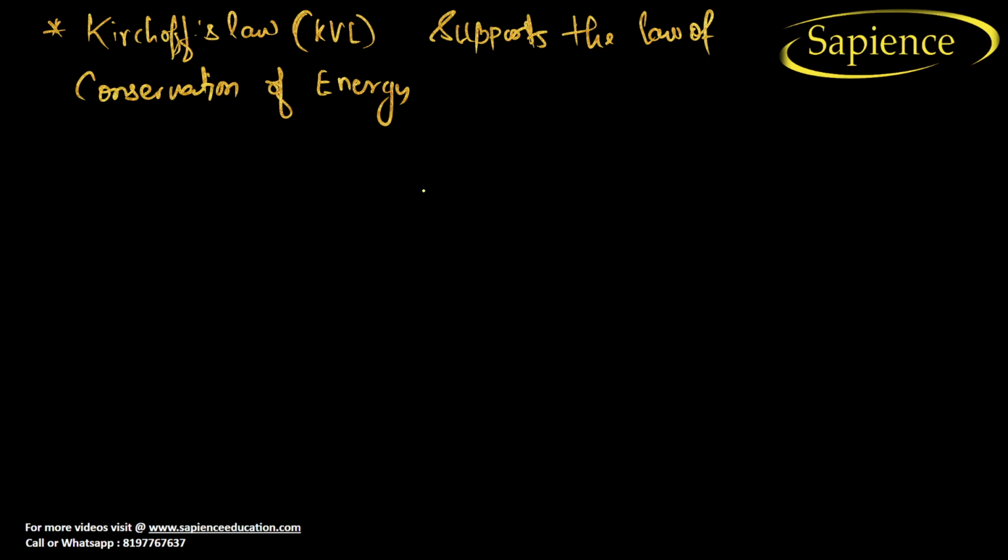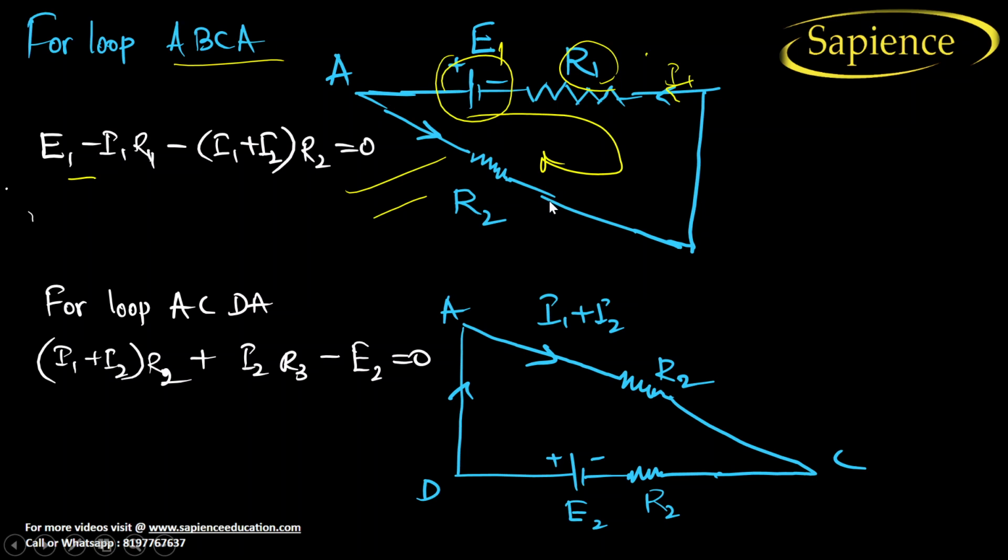See here, Kirchhoff's law, that is Kirchhoff's voltage law, supports the law of conservation of energy. This we should remember, because if the total potential difference is not zero, then what will happen? Where is this potential difference either going or coming from?